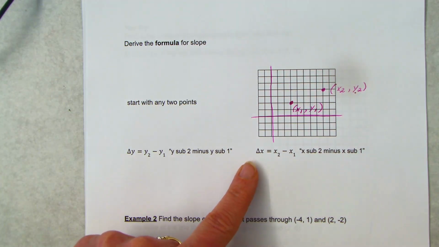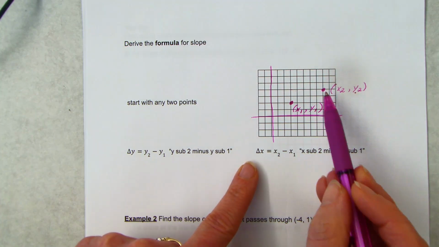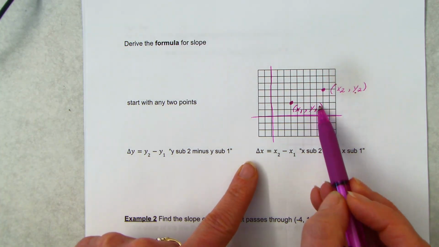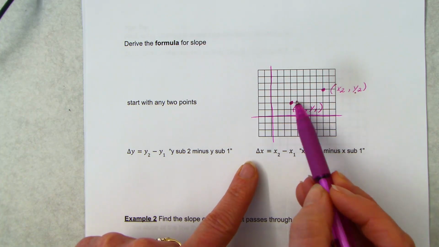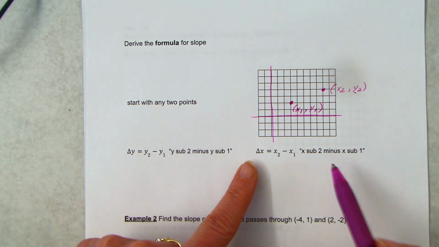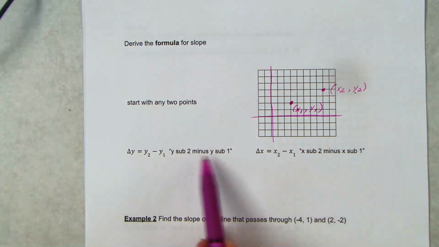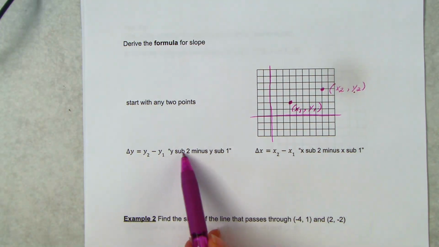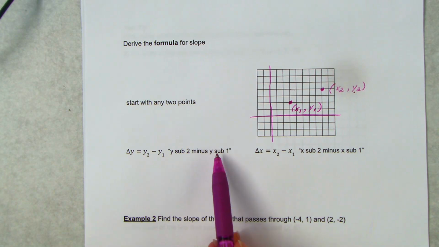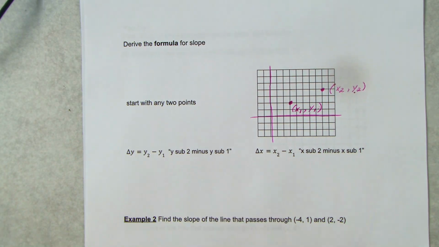Anytime you want to find how much something changes, you have to subtract them. So I'm going to take the second y minus the first y, and the second x minus the first x, and that will tell me how much things have changed. And I wrote it out there so you could see y sub 2 minus y sub 1. That's how you read it.